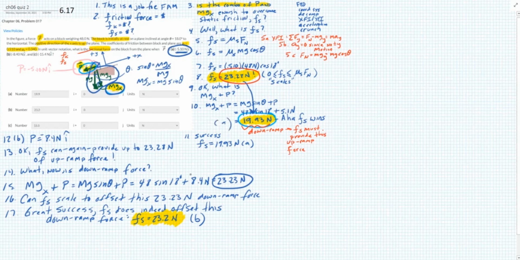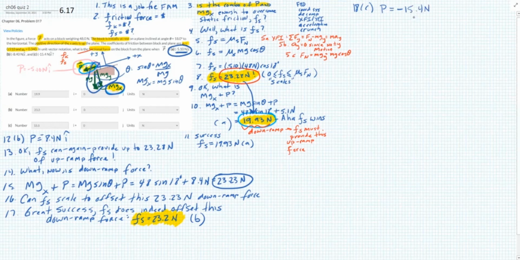All right, let's do part C. Same thing again. Everything's the same, except you are getting increasingly impatient. Step 18 says for part C, now this P force that you're applying equals negative 15.4 newtons.